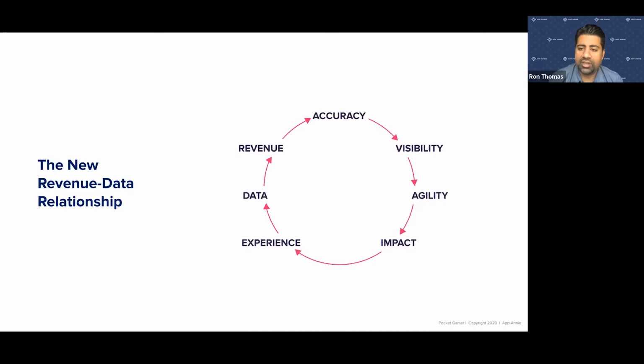It's the idea that you need to have visibility to understand what's actually happening, and then have the agility to quickly adjust, whether it's changing an ad network, moving from in-app purchases to subscription, changing a user pack, or thinking about how you want to drive your game to have the highest impact.